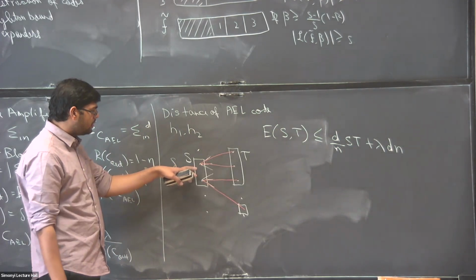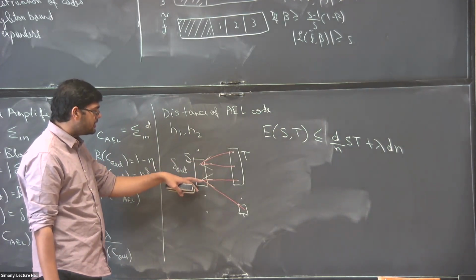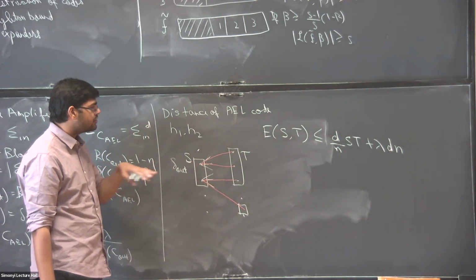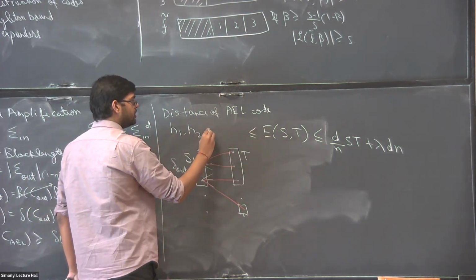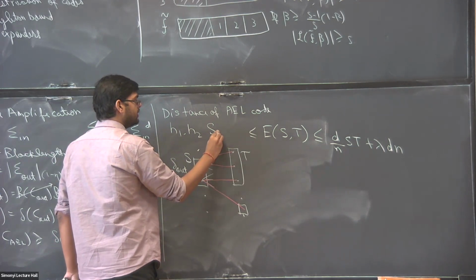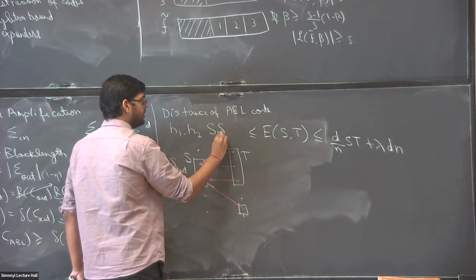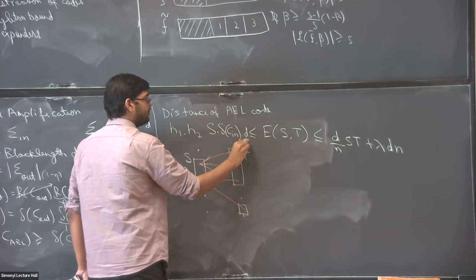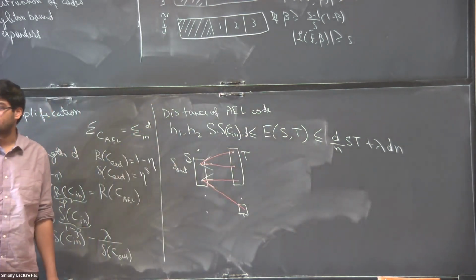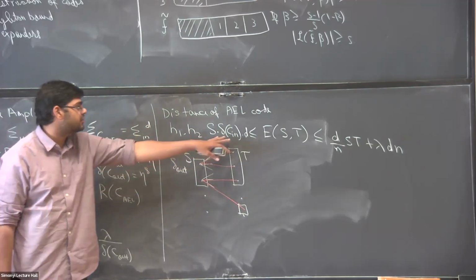For the lower bound, for each of the vertices in S, we know that a constant fraction of edges, in fact, we know exactly how much. So for every vertex in S, this would be delta C in times T many edges where H1 and H2 differ. This is just based on the distance of the input.